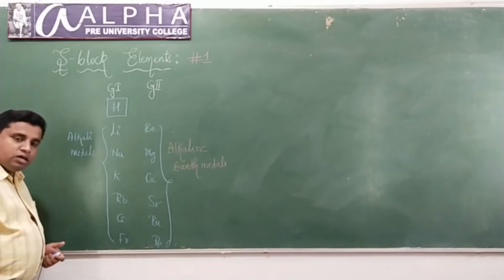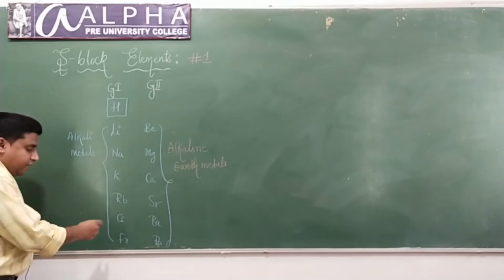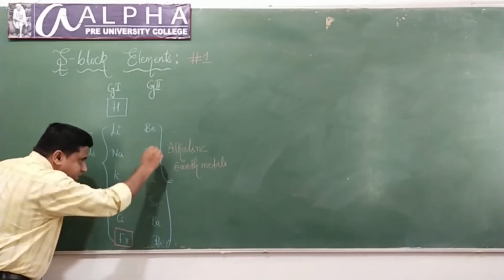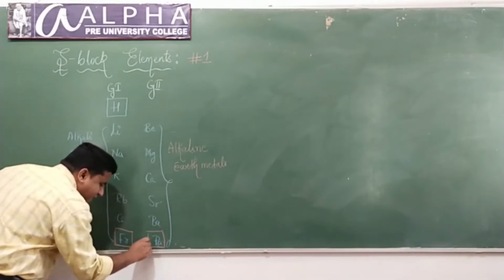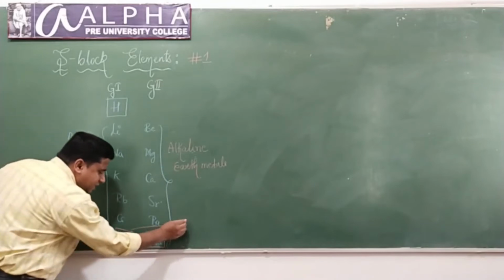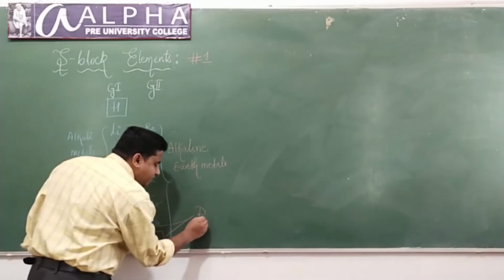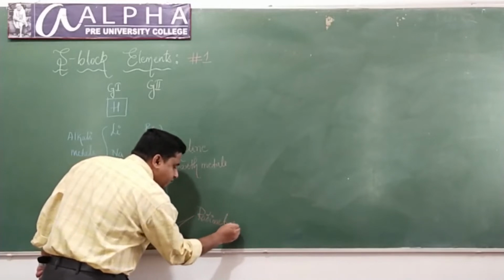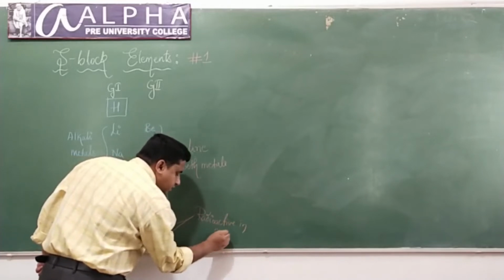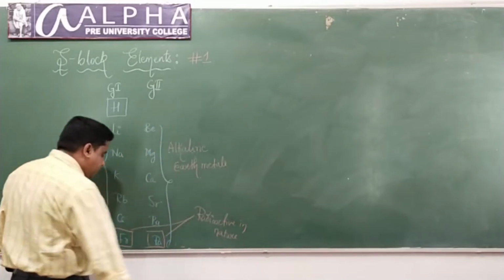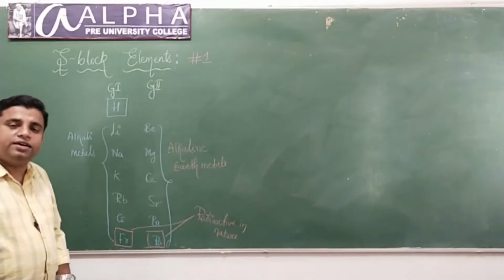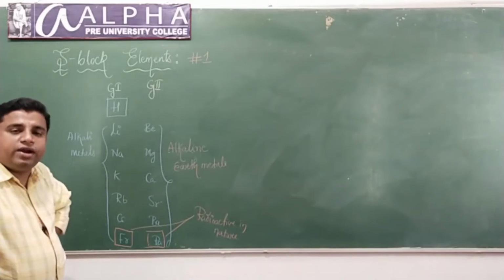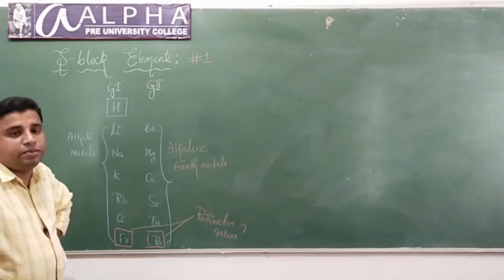Please remember one more thing. The last element of each group, that is francium, and the last element of alkaline earth metals, that is radium, these two elements are radioactive in nature. That means francium is a radioactive alkali metal, and radium is a radioactive alkaline earth metal.